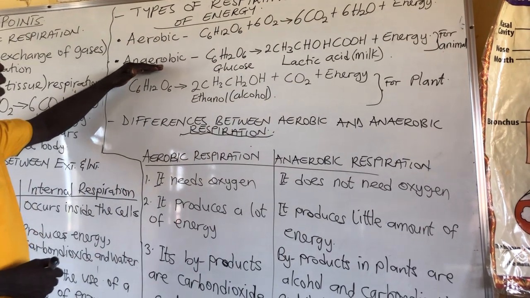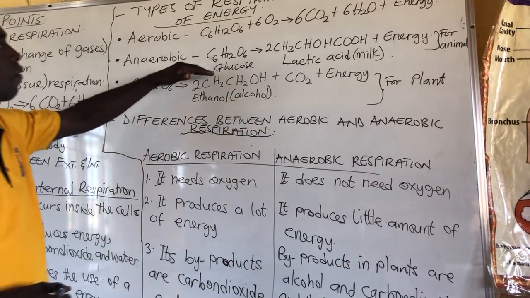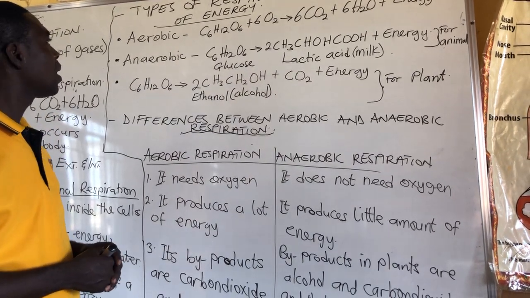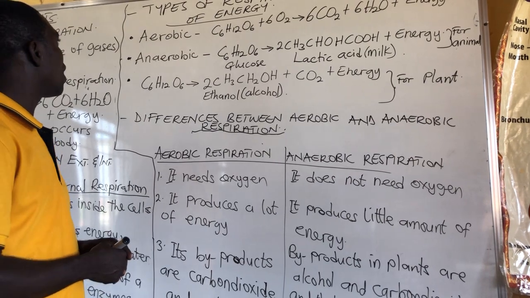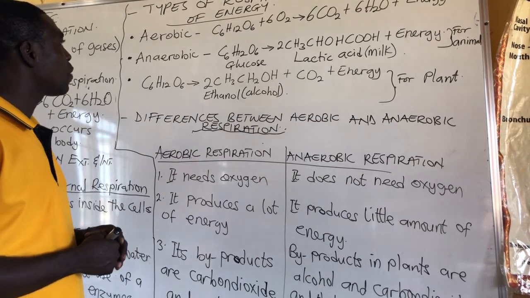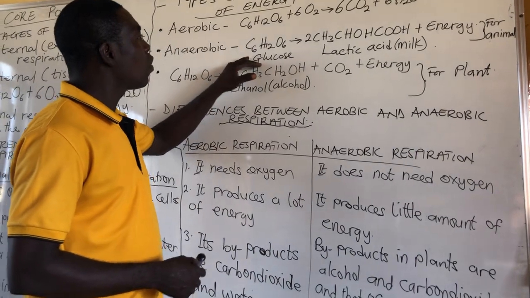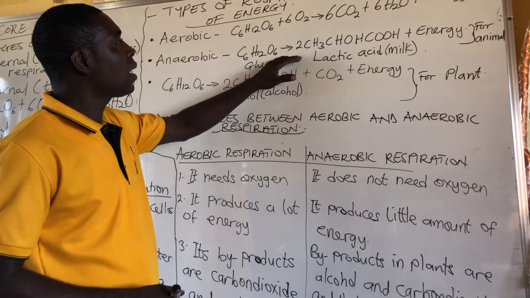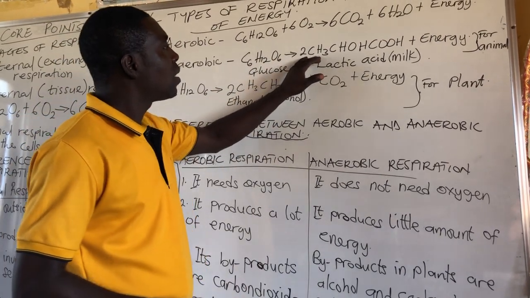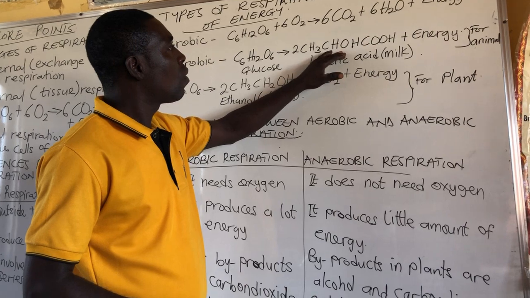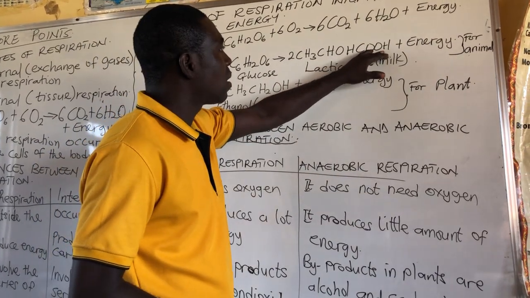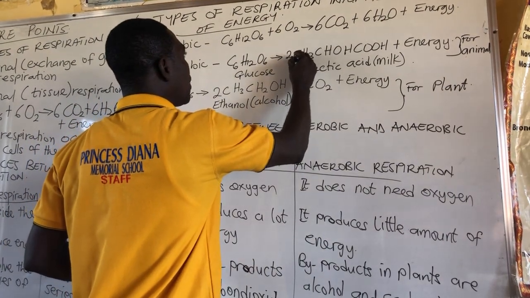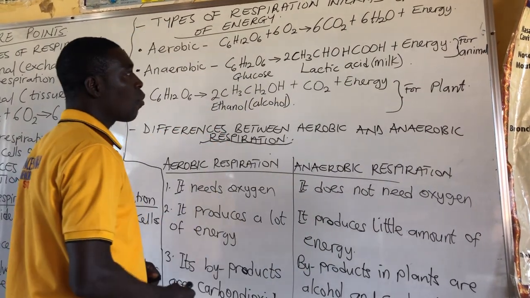So for anaerobic respiration, we have the following chemical equation representing it. We have the same glucose here, C6H12O6, forming 2CH3CHOHCOOH.